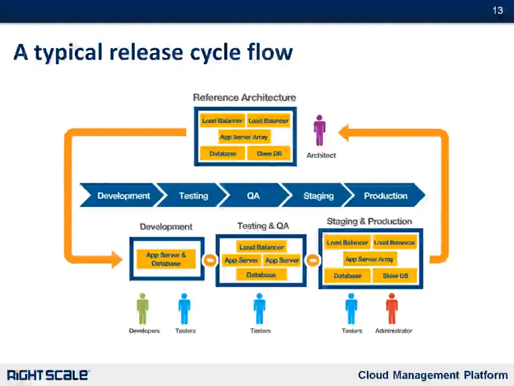Maybe you don't care about the slave database, and so on and so forth. So your sysadmins can compose these scripts and reuse them in different templates, such that at the end of the day, what you're testing and staging is almost the same as what you have in production. This is how we think about configuring our release cycle.